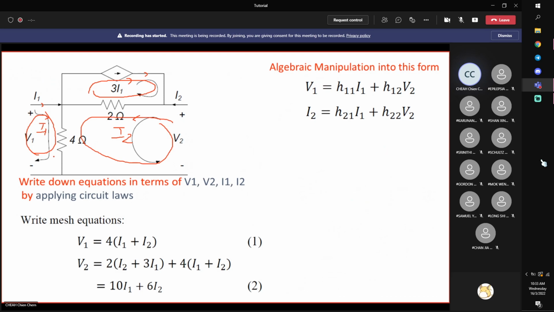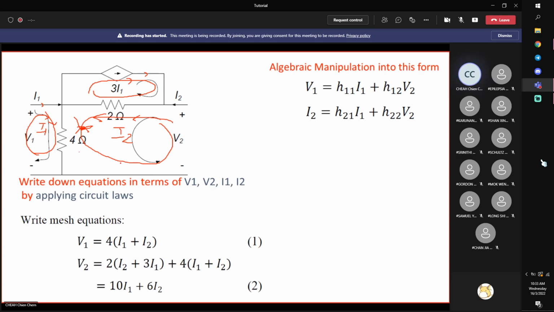If you start from mesh 1, then you can write down V1 is equal to 4 times I1 plus I2, because this current I1 is downwards, and this is also downwards. So I1 plus I2 times 4 gives you V1. This is my first equation from mesh 1.